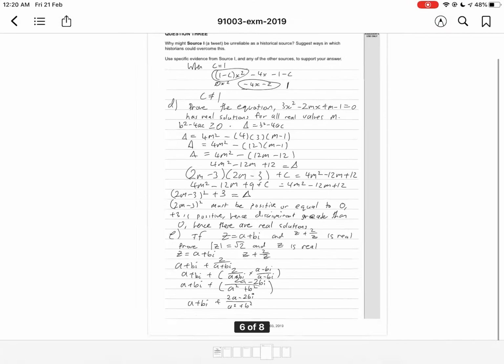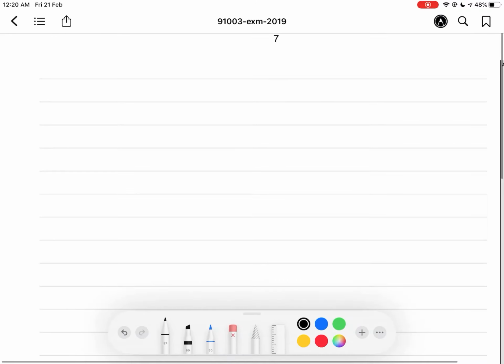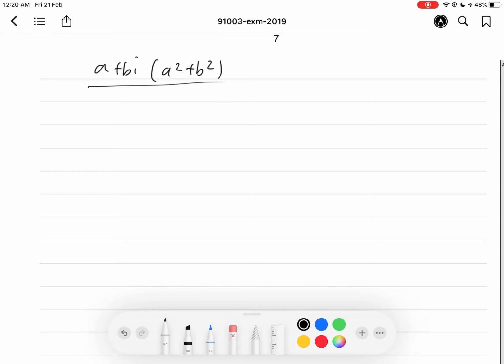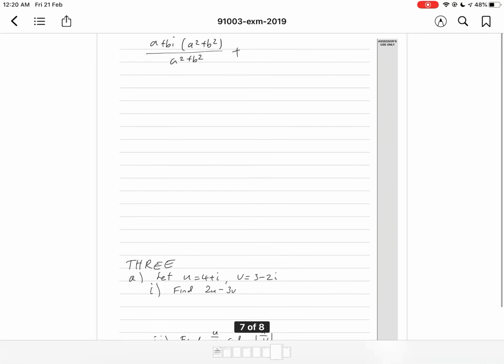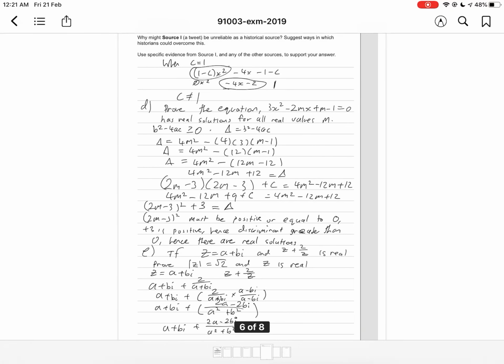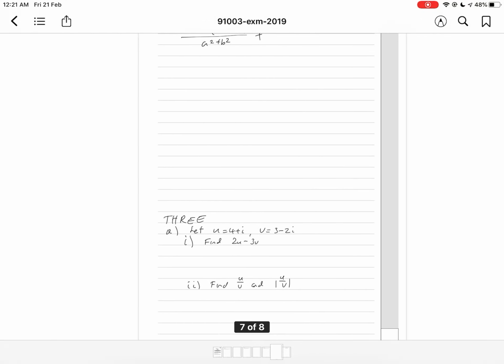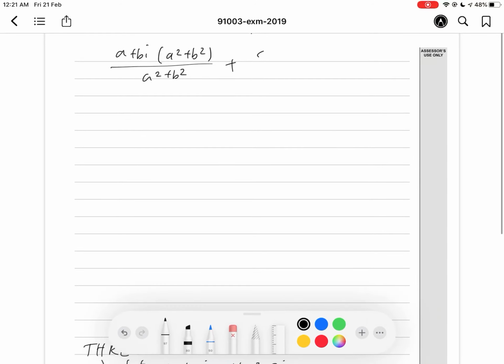So a plus bi times a squared plus b squared over a squared plus b squared, plus 2a minus 2bi over a squared plus b squared.